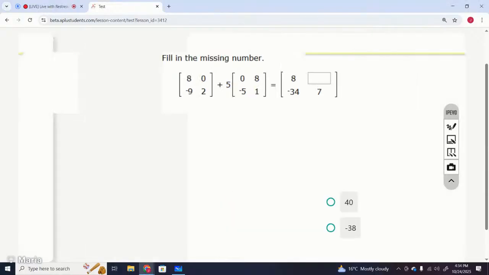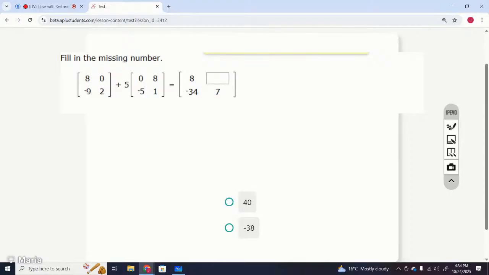Option number 2 is the correct option. 5 times 8 is 40, so 48, option number 1 is the correct option.